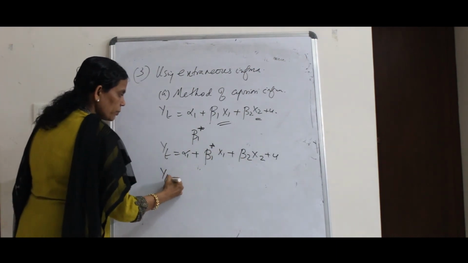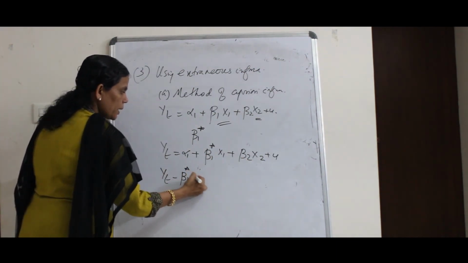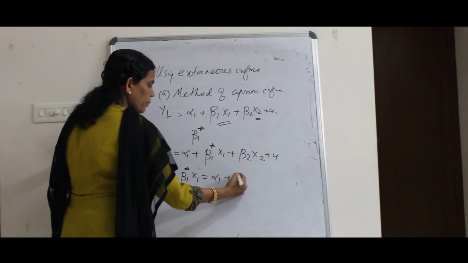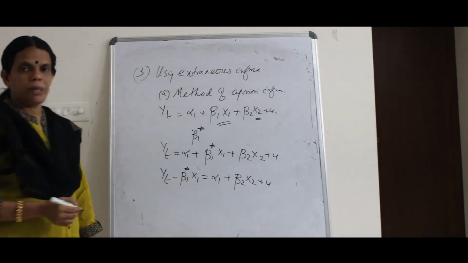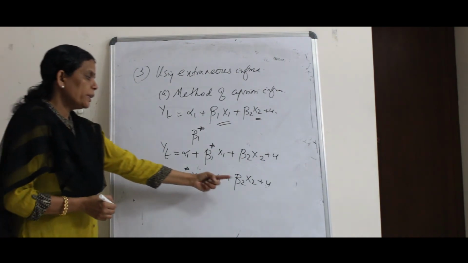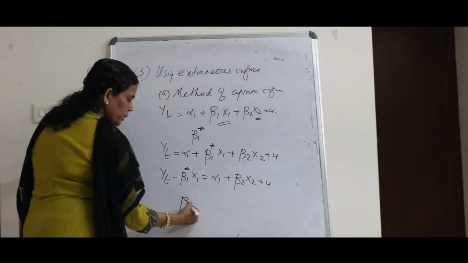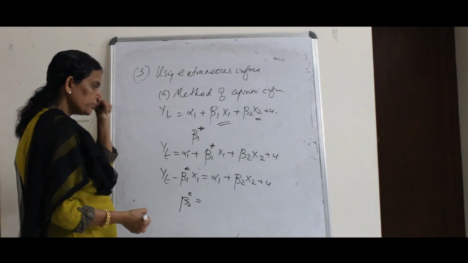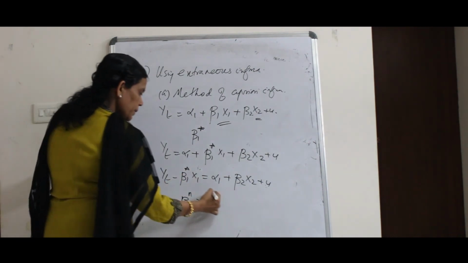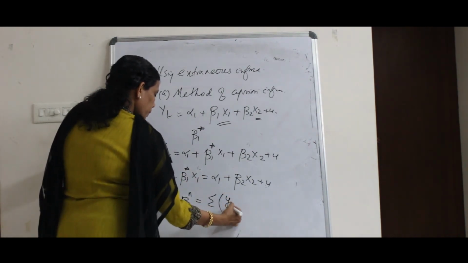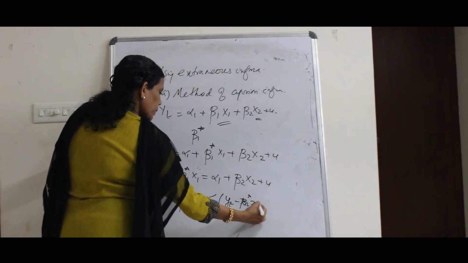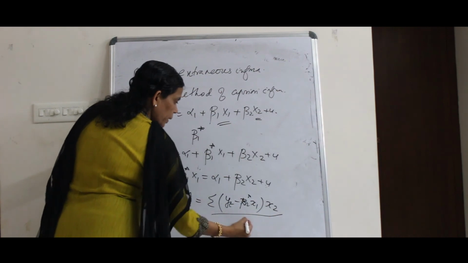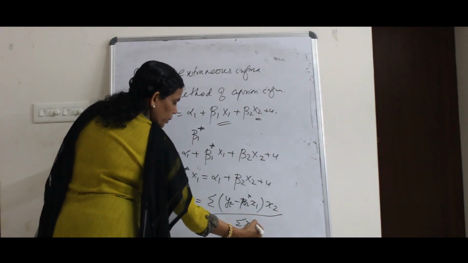So I can write yt minus beta 1 star x1 is equal to alpha 1 plus beta 2 x2 plus u. So this is already estimated. Now you can find the value of beta 2 hat. So beta 2 hat will be equal to sigma (yt minus beta 1 star x1) into x2 divided by sigma x2 square.